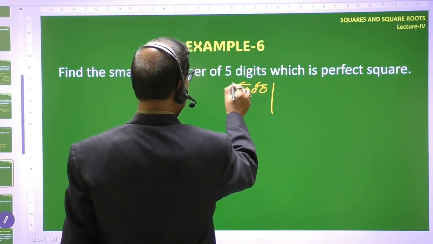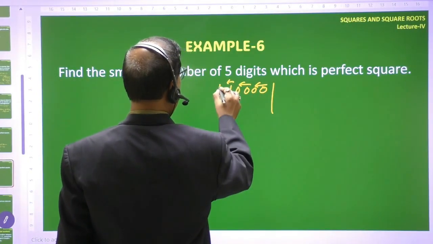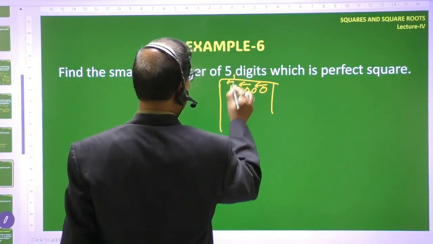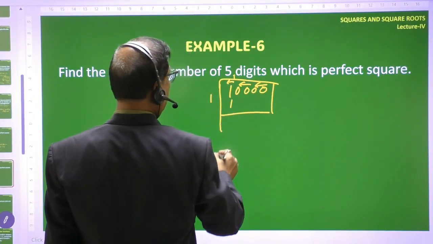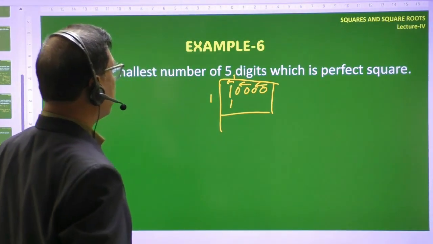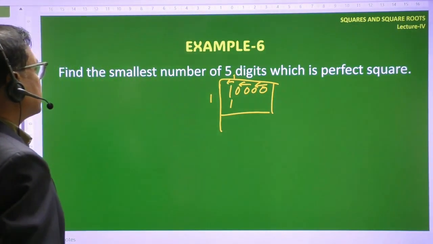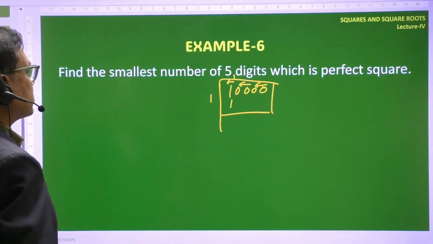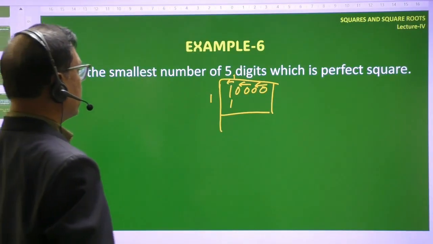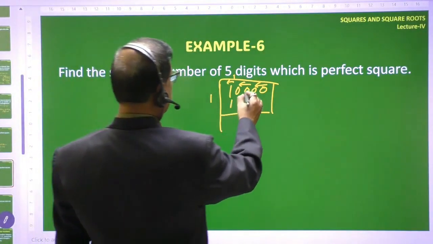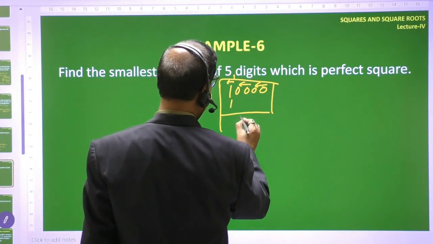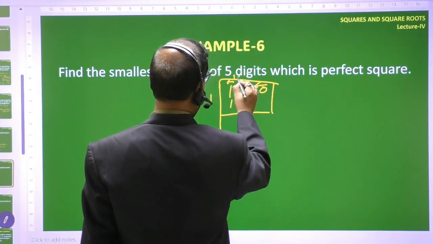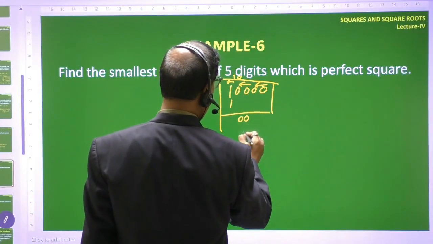Start pairing. 1 here. So obviously 1 you have to give. Then the largest 5 digit which is a perfect square. So here 2 zeros and here 2 zeros again.